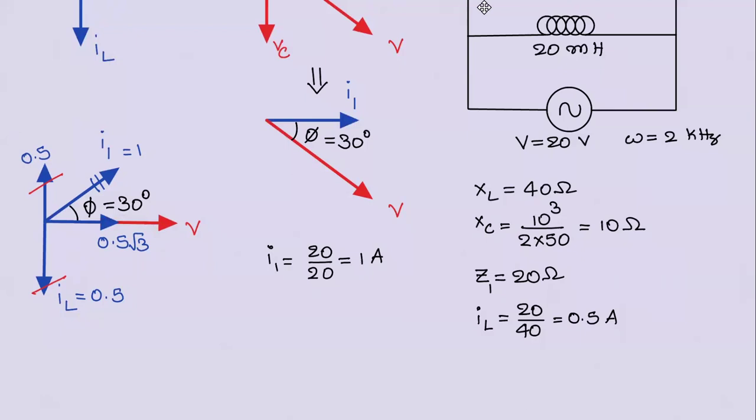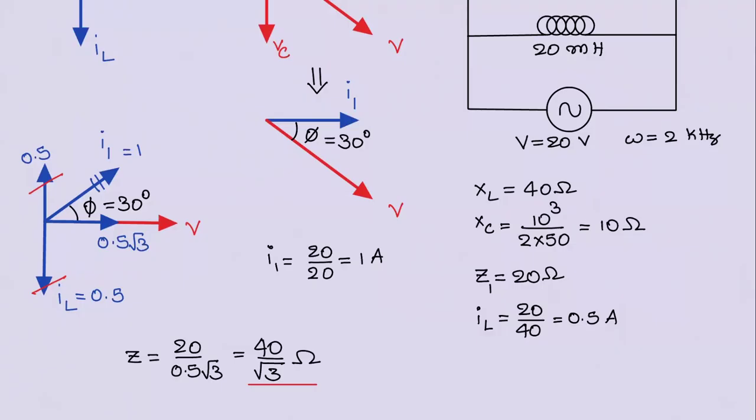So this is the resultant current. And of course, actually speaking, this circuit is in resonance. Okay. So total impedance Z of the complete circuit, V by 0.5 root 3, means 40 by root 3. Total is 40 by root 3 ohms. Okay. What next? Current, right? Current we calculated.